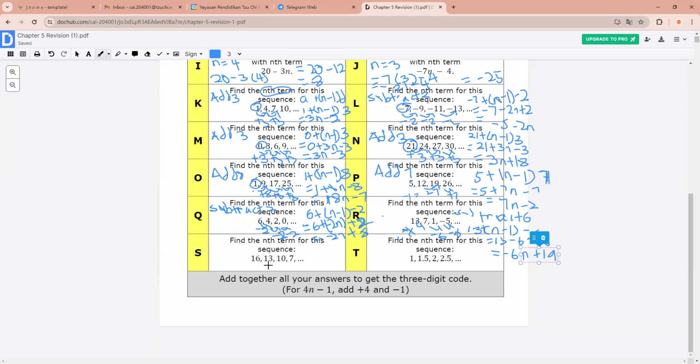Next question, find the nth term for this sequence. The term-to-term rule here is minus 3 or subtract 3.